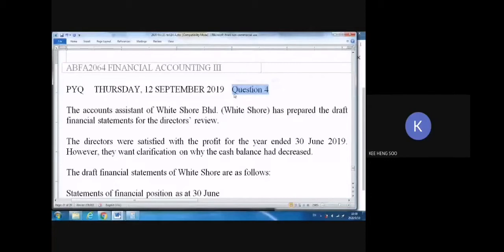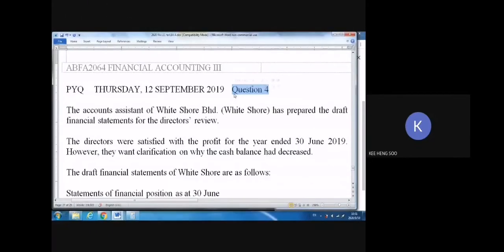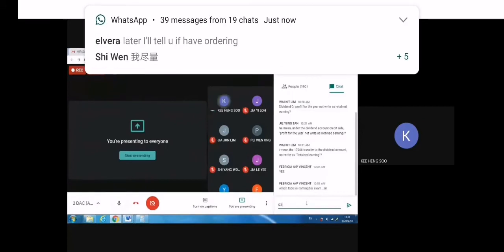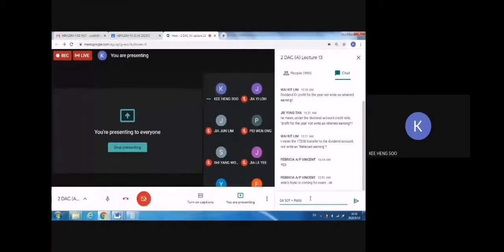This one may be a little bit of theory. You got it? And then maybe ratio also comment, something like that. Which topic is coming? I say already it's all topics. How many topics you study? For example, your question 4 has your statement of cash flow plus your ratio.